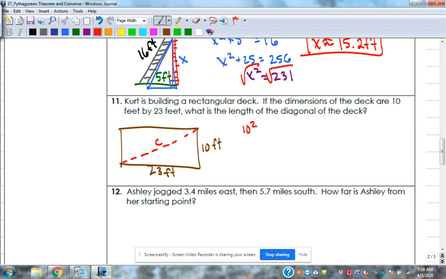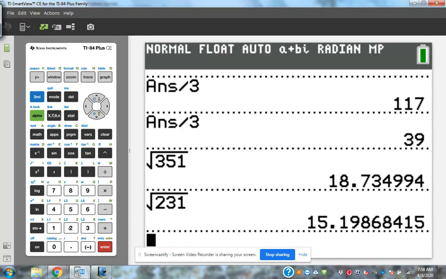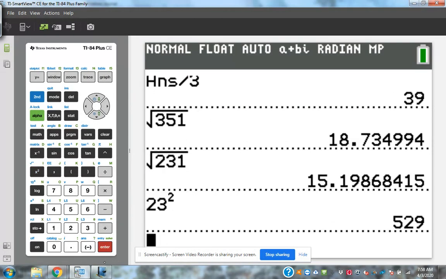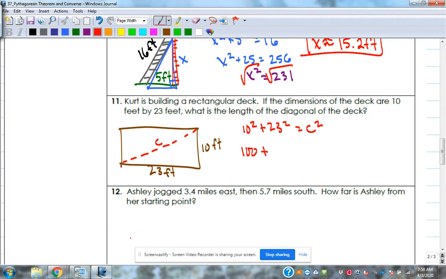So 10 squared plus 23 squared equals c squared. 100 plus 529, 629 is equal to c squared.